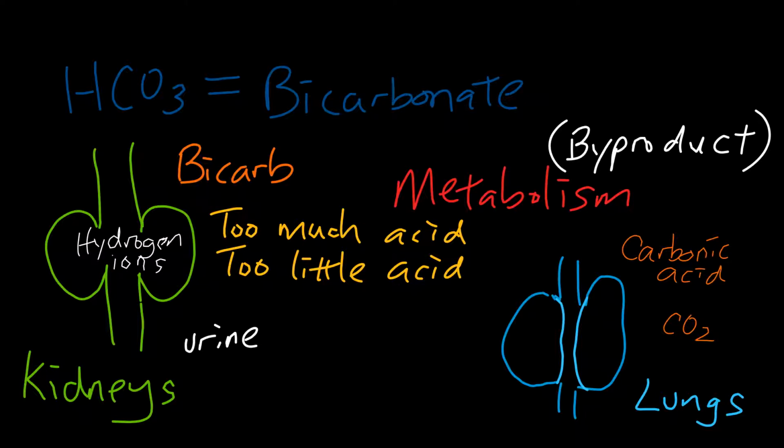Now let's take a look at the bicarbonate. What is bicarbonate? It is a byproduct of metabolism. In other words, when the body metabolizes, it produces bicarb. One thing to note is that the kidneys and the lungs are always working together to correct the imbalance.